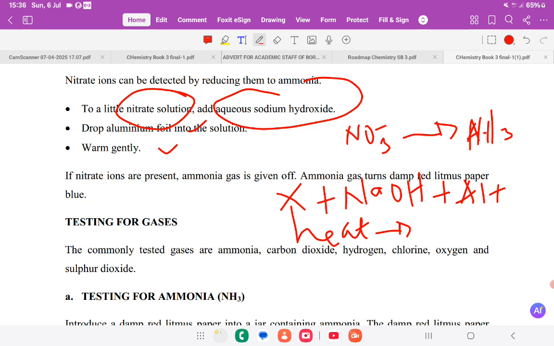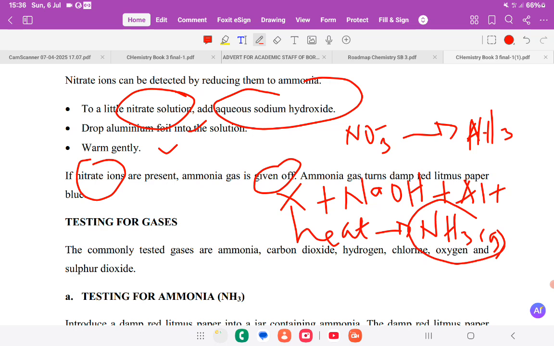If nitrate ions are present, ammonia gas is given off. So this is going to lead to the formation of ammonia in gas form. How you can confirm that the gas formed is ammonia is by simply dipping damp red litmus paper.